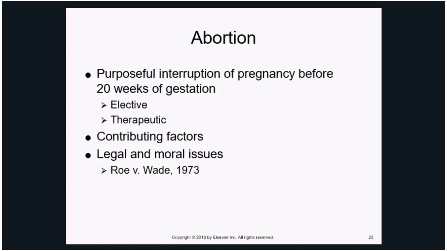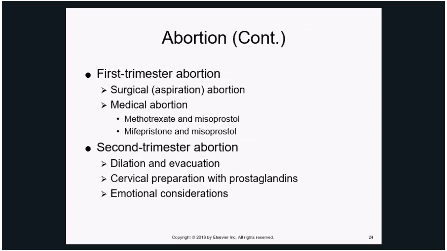Abortion is the interruption of pregnancy before 20 weeks of gestation. It can be done electively or therapeutically due to known issues. Contributing factors: legal and moral issues include Roe versus Wade from 1973.